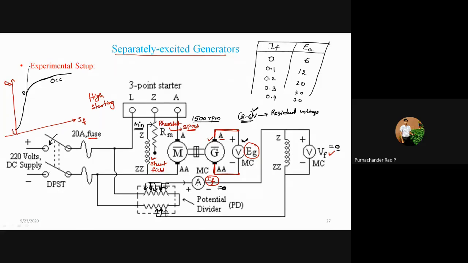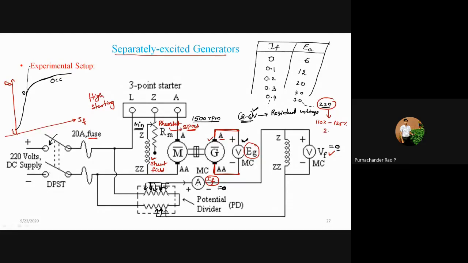You have to move on until your rated voltage has been reached. The rated voltage is 220 volts. So in a no load condition, the no load characteristics can be obtained. After reaching 220 volts, you can move on up to 110 to 125 percent, that means 10 percent extra or 25 percent extra.